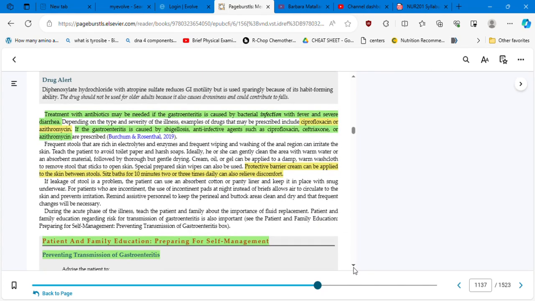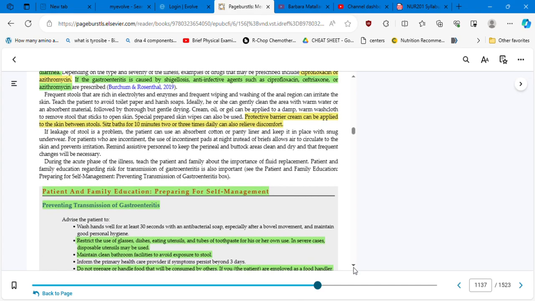Treatment with antibiotics may be needed if the gastroenteritis is caused by bacterial infection with fever and severe diarrhea. Ciprofloxacin or azithromycin are the choices. If the gastroenteritis is caused by shigellosis, anti-infective agents such as Cipro, ceftriaxone, or azithromycin are prescribed.